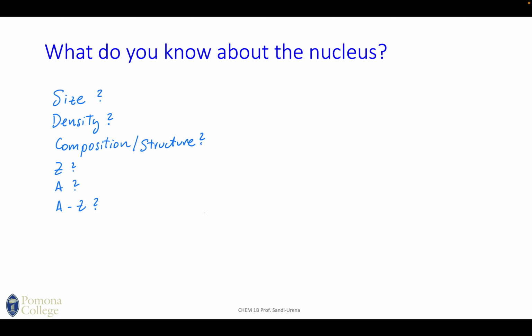So we know that the nucleus is extremely small compared to the atom itself, which is already extremely small, and that most of the matter of the atom resides in that nucleus, which makes the nucleus extremely dense.